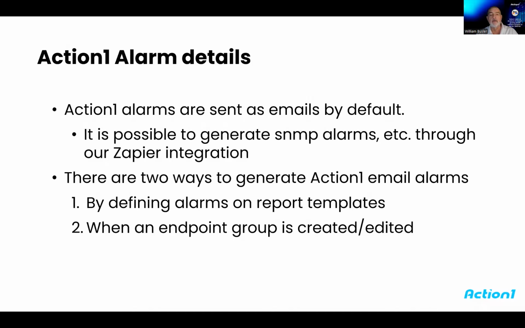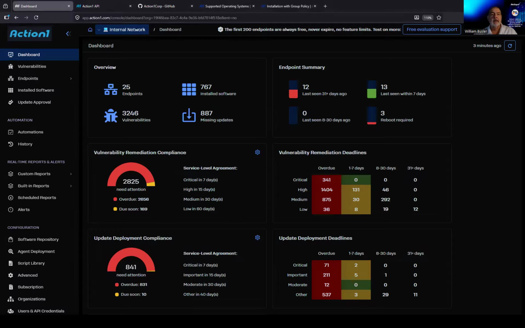The other one is setting up alarms in reports. You can define specific thresholds in our report templates and then get alerts when those thresholds are crossed. So we'll take a look at our environment real quick and see how to manipulate things.